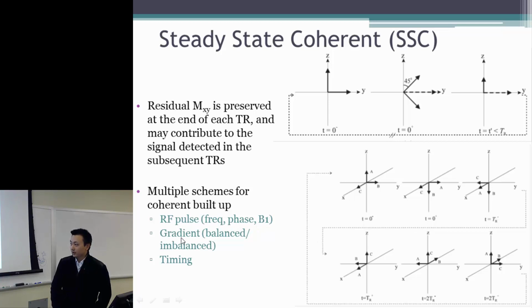And also the gradient, we will see that later. We can either use balanced gradients or imbalanced gradients to achieve different spin phase pathways. And also the timing to apply the RF pulse and the gradient are of critical importance to forming different kinds of coherent steady state.